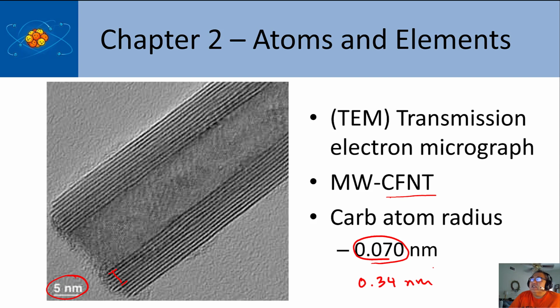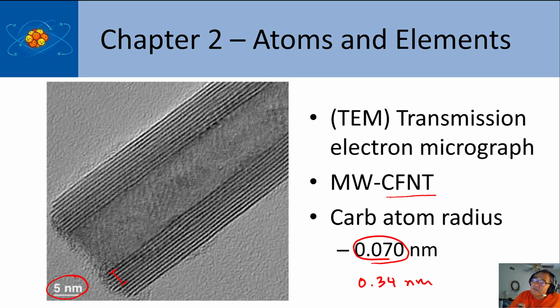When you're looking at this image, it's like an interference pattern, like a diffraction, where electrons are beamed through the material. We'll learn about the wave properties of electrons later, but it interacts at a scale of about 0.34 nanometers. What you're seeing in these rows are individual rows of carbon atoms.